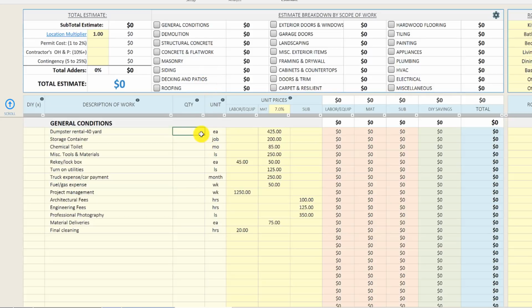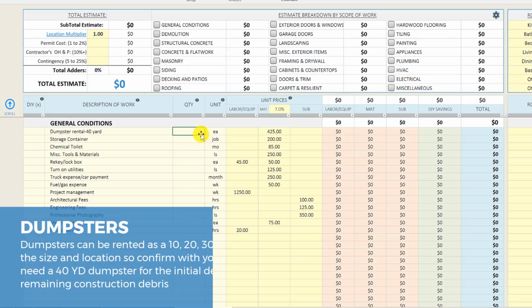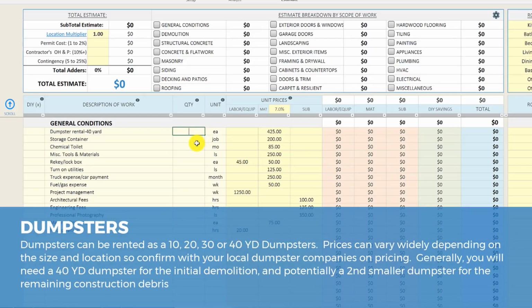So typically on a rehab, you'll at least have one dumpster. Generally up front when you're demolishing all of the materials, tearing out the carpet, tearing out the kitchen cabinets, the bathrooms, anything like that, you're going to need a dumpster on site to take all that debris and get rid of it.